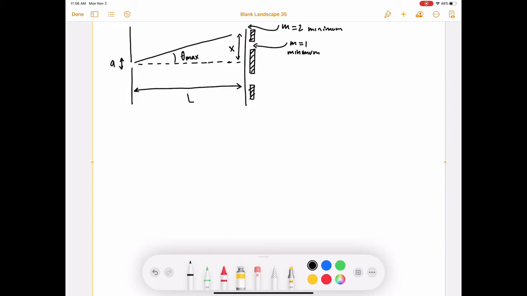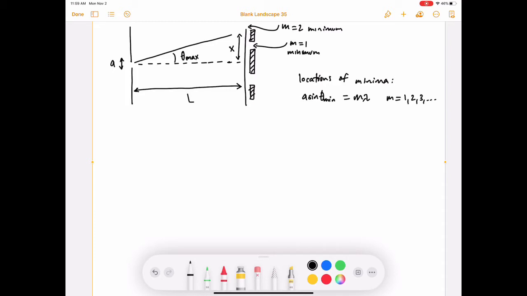Now, the locations in general of the minima are given by a sine theta, let's call it theta min to be precise, equals m times lambda, where m is equal to 1, 2, 3, and so on.